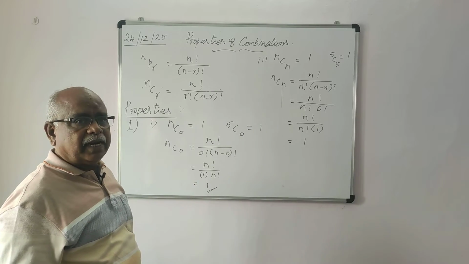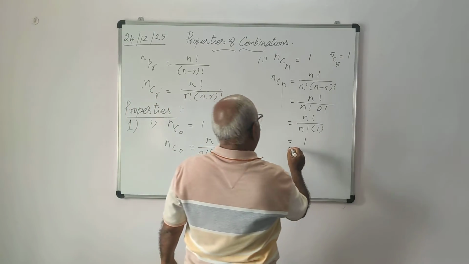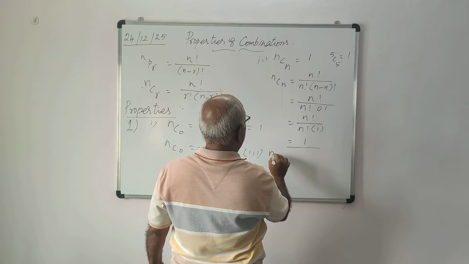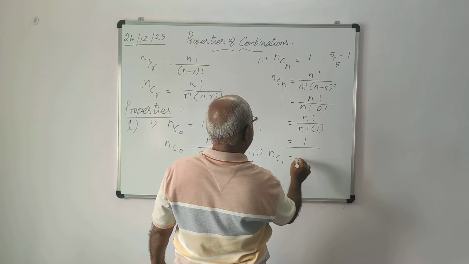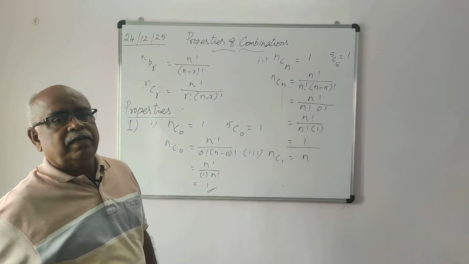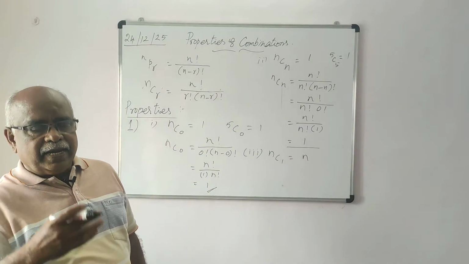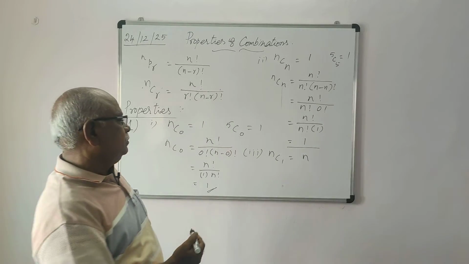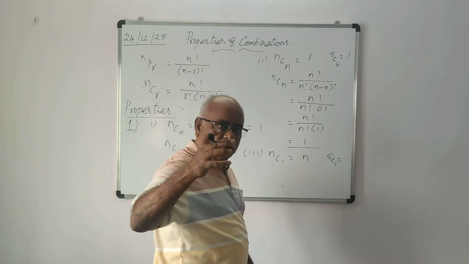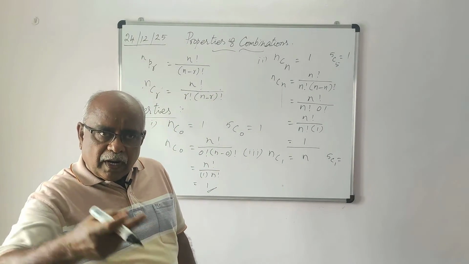So this is another property. And also the third one, nC1. nC1 is n. That is, there are n things taken one at a time. That is 5C1. There are 5 chocolates. You are taking one chocolate at a time.